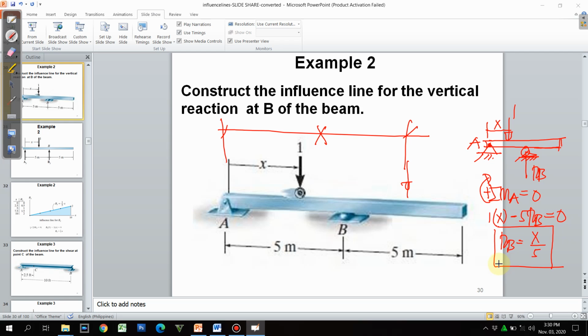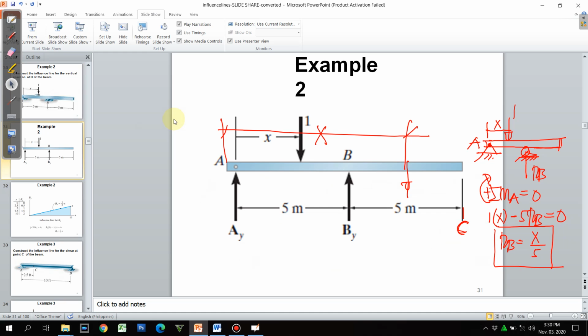It is safe to use this equation from A to B until your far end here, say point C. By that, we can see now that 1 is transferred from one location to another.